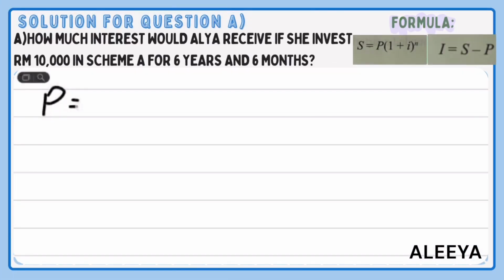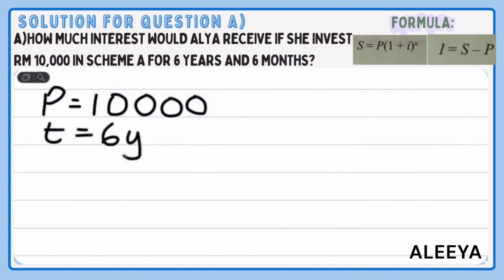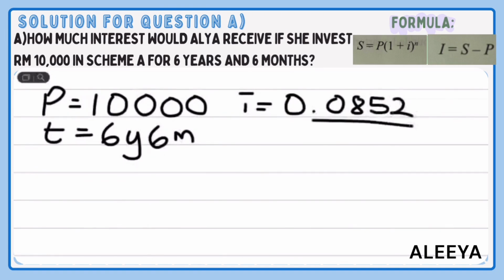First, we extract the information given in the question. So P equals to 10,000 and T equals to 6 years and 6 months. And i equals to 0.0852 divided by 6. And then n equals to 39.